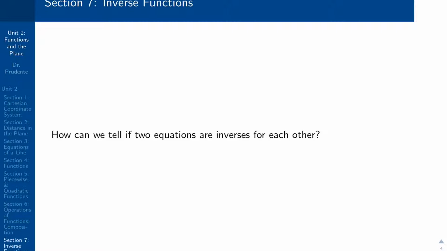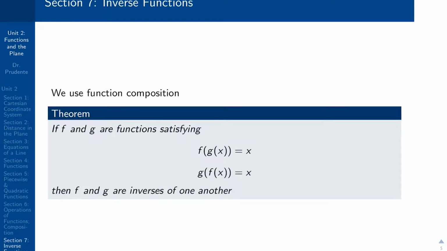But what if we want to determine whether two equations are inverses of each other? How would we determine whether those are actual functional inverses? What we're going to do is use our function composition, our f of g of x, right? And so here's a theorem.